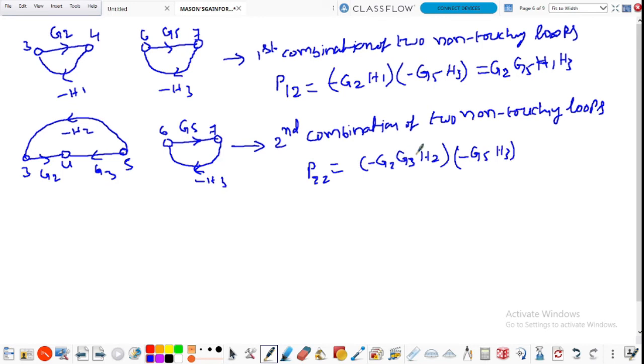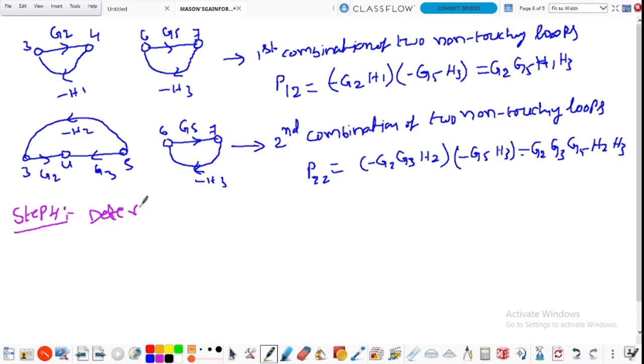Minus into minus plus, that is equal to G2, G3, G5 into H2, H3. And that is step 3. And next, step 4 is calculation of delta and delta k.